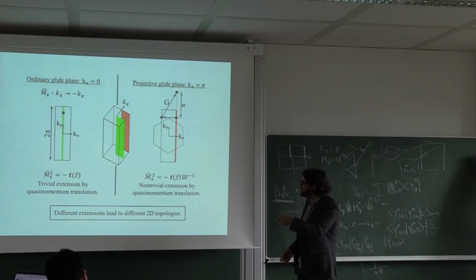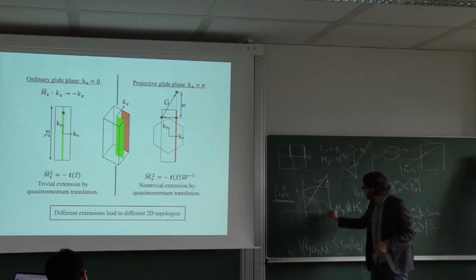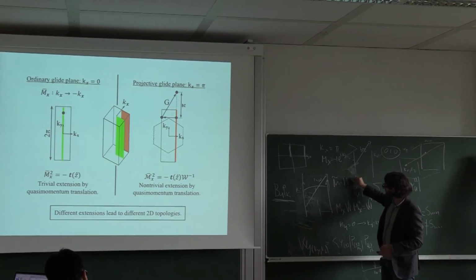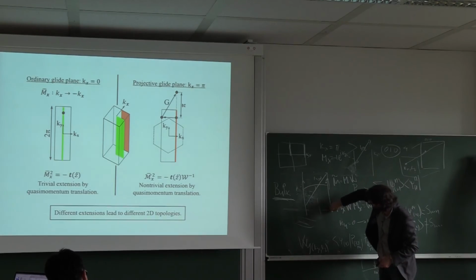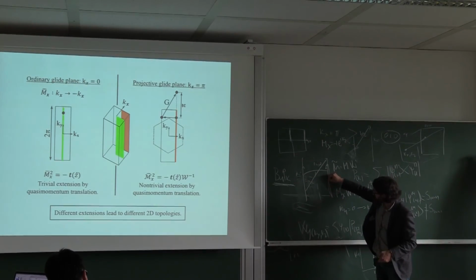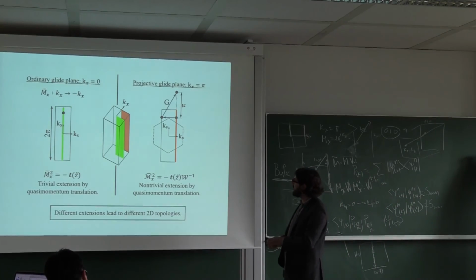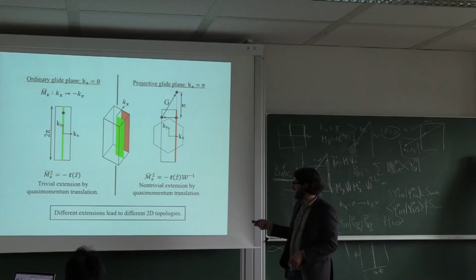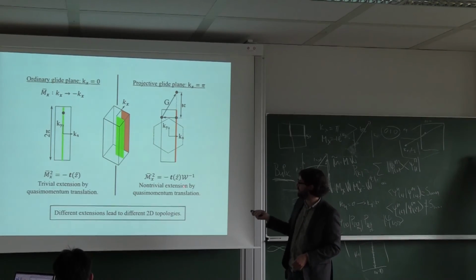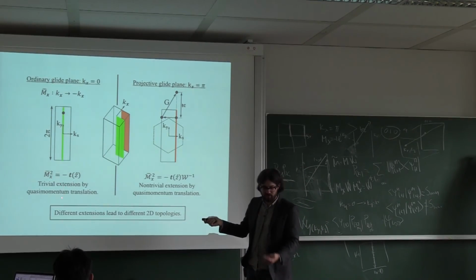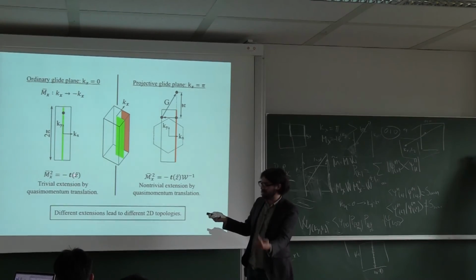You can actually extend the mirror symmetry. You can build a new mirror operator, call it mirror tilde, which is the old mirror operator times a Wilson line. The Wilson line is just a line that goes in for half of the Brillouin zone, for half of this high symmetry axis, and you can form a new group with that. But that new group is going to have a different group structure. So at kx equals 0, the group structure is that mirror squares to just the translation by a unit cell.